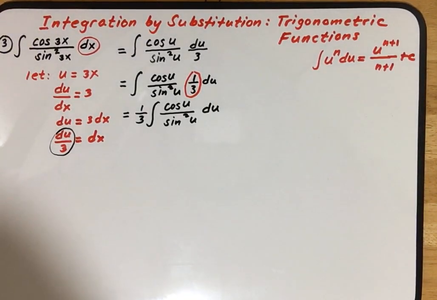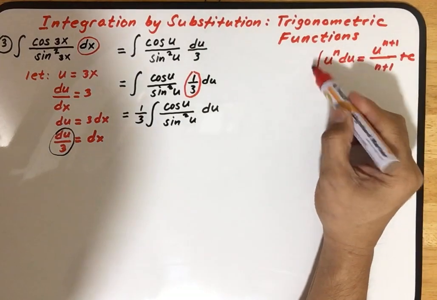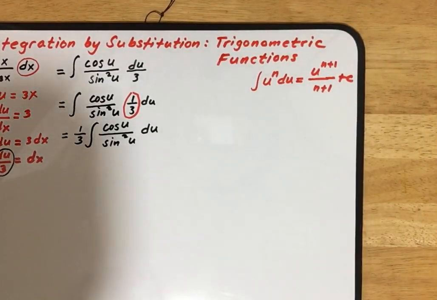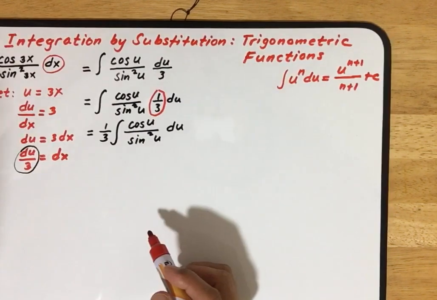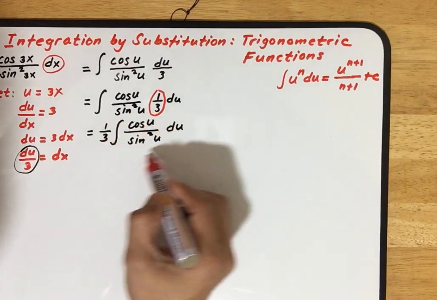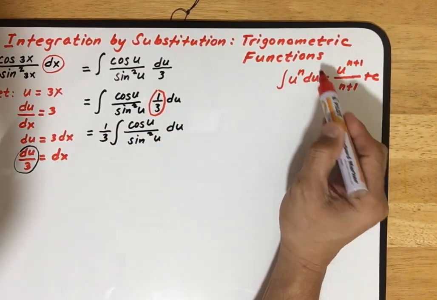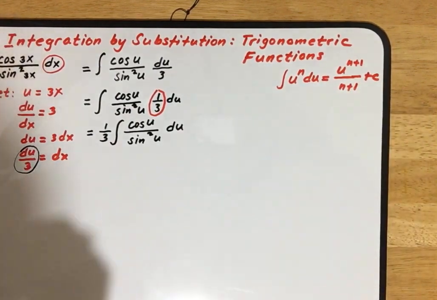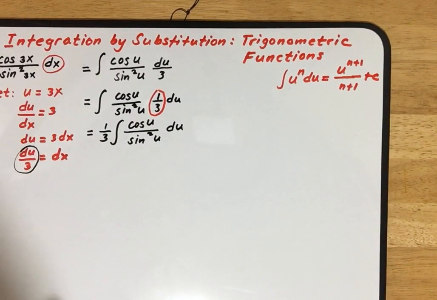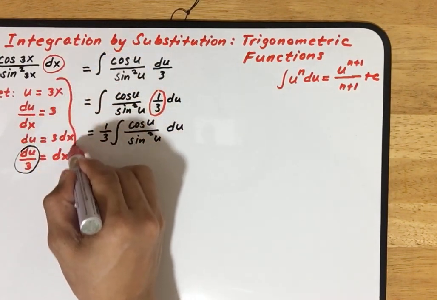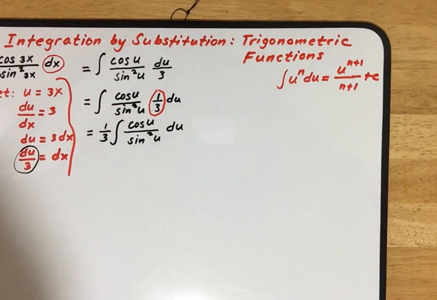So are we now in the form of our general power formula? You may check. Not yet, but it's almost. So we have to manipulate this in such a way that we can produce this form so that we can use this formula. So how are we going to do that?